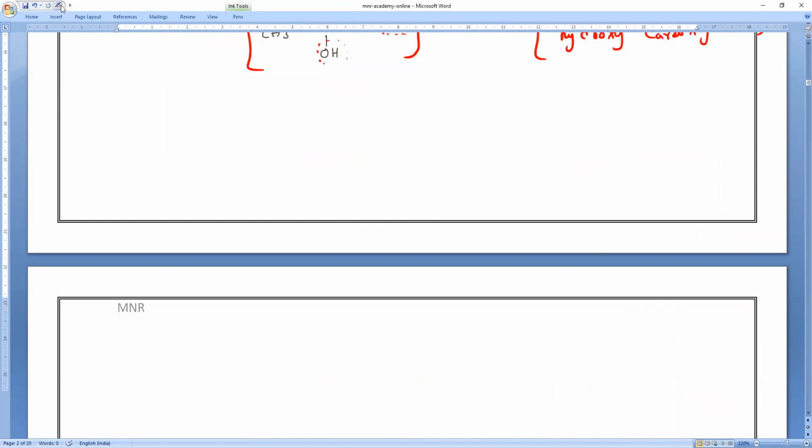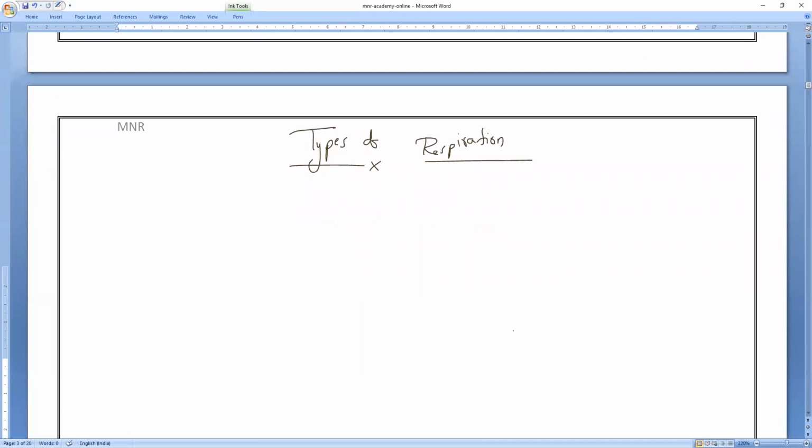Next we are going to study types of respiration. All of you keep adding types of respiration. So as we all know, mostly all of you remember, presence of oxygen is common, and absence of oxygen is very, very rare.